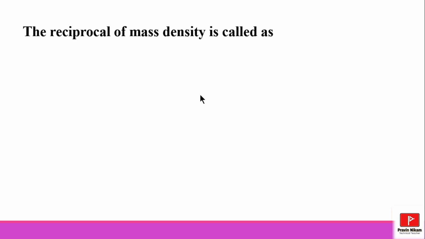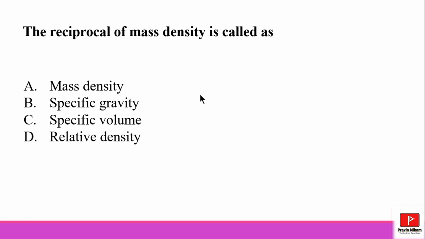The reciprocal of mass density is called as. So what is the reciprocal of mass density? That is 1 upon rho. Options are mass density, specific gravity, specific volume, relative density. Reciprocal means 1 upon rho. So rho is mass upon volume.